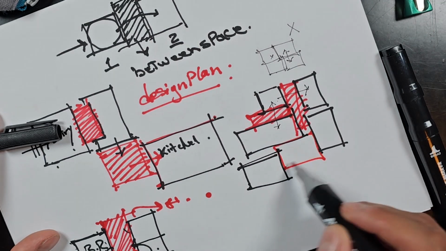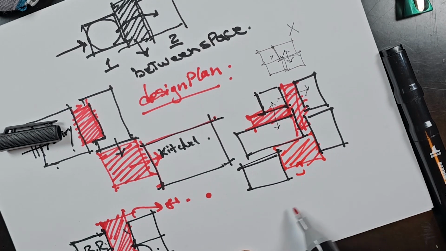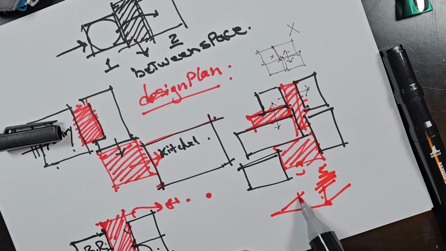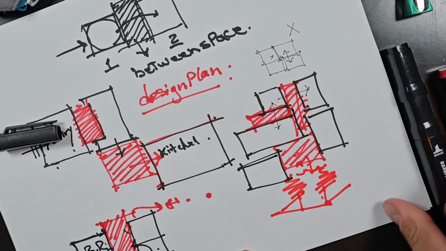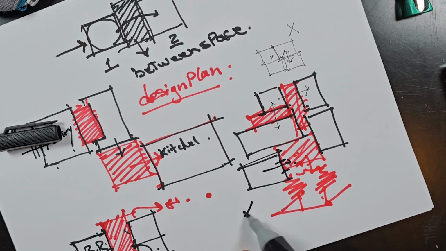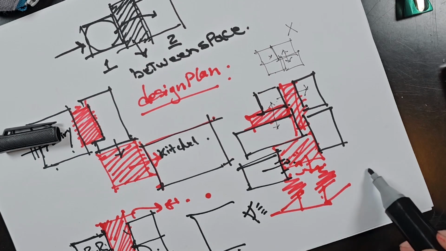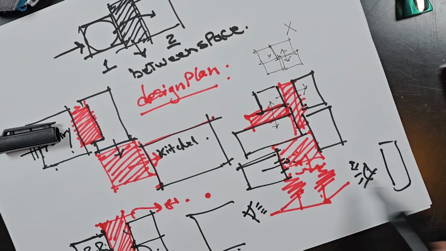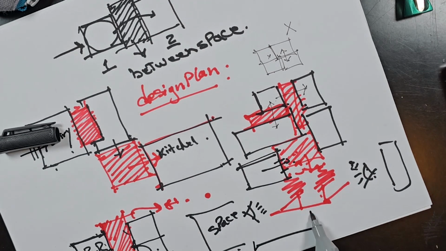Okay, and in this space you can put, for example, a green space like this, and this window, see it, a space like that.